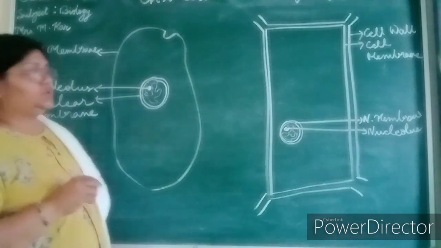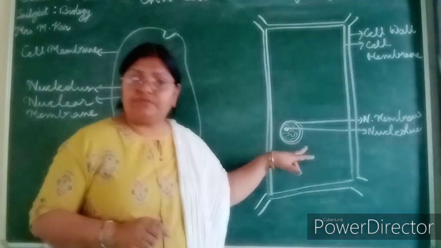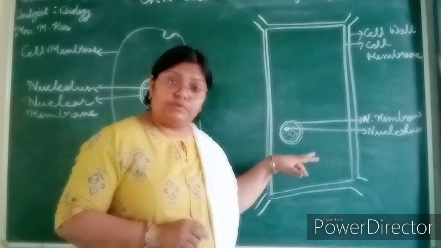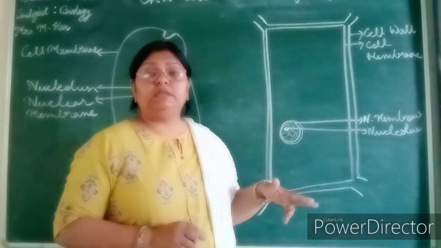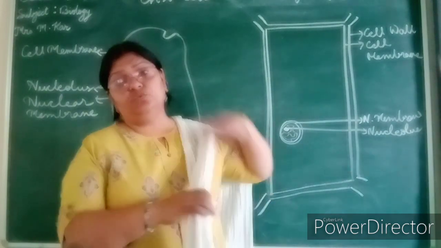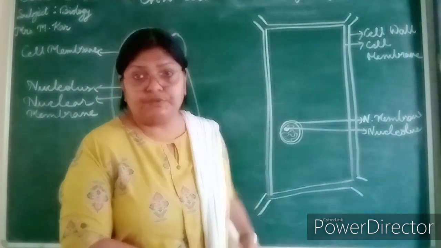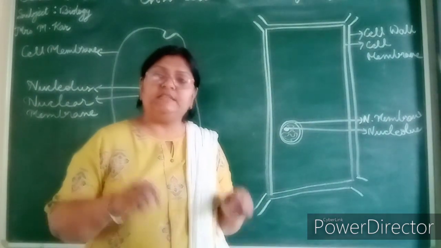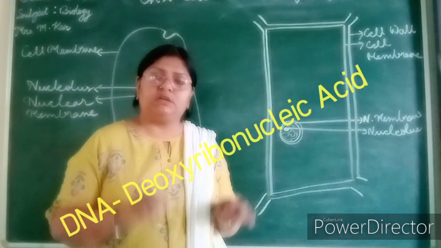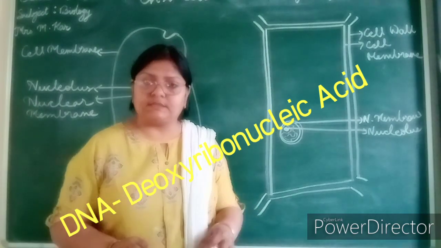These are the basic structures which during cell division form chromosomes. The chromosomes in turn are made up of hereditary units called genes. Now the genes are made of a chemical called DNA, deoxyribonucleic acid.